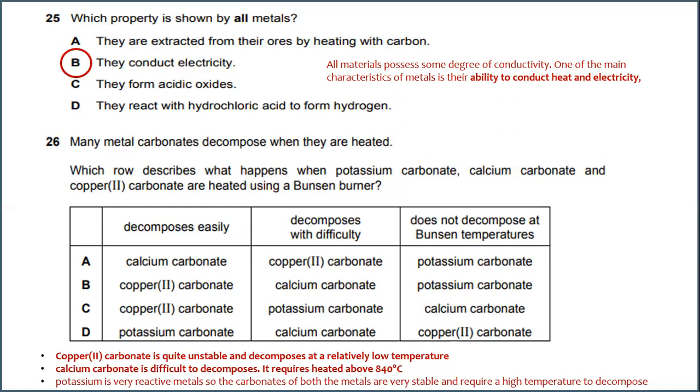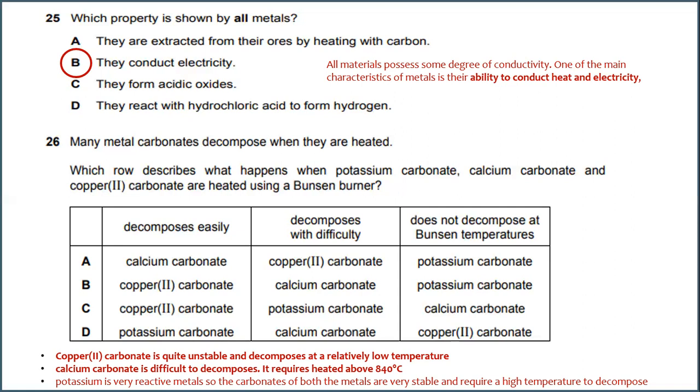And then let's look at calcium carbonate. It is difficult to decompose and requires heating above 840 Celsius. So number 2, decomposes with difficulty, is calcium carbonate. The first one, decomposes easily, is copper(II) carbonate.